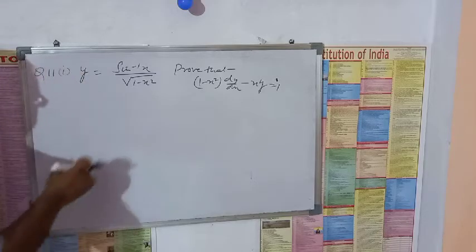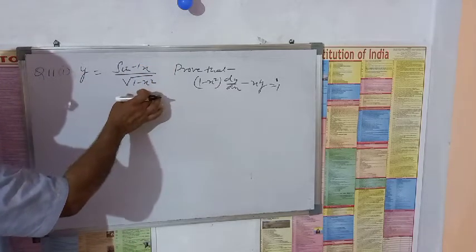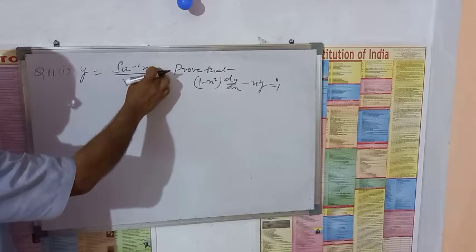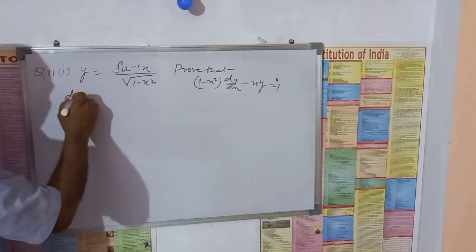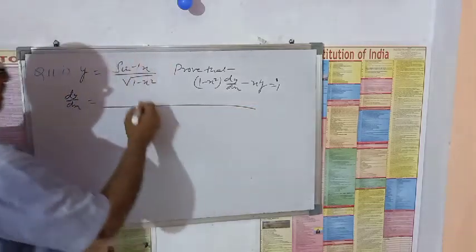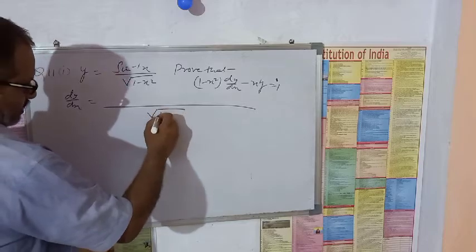So sin inverse x upon root 1 minus x square. Differentiate it using quotient rule. So dy by dx is equal to, what is quotient rule? Square of the denominator.